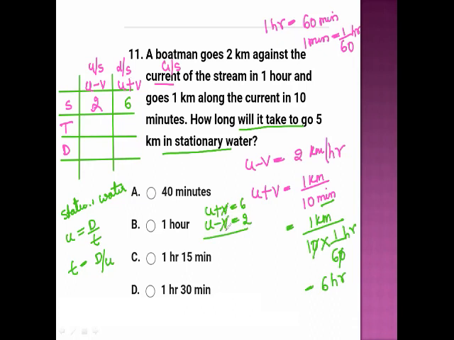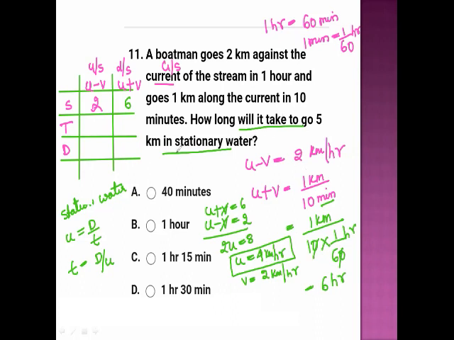When you add, the v terms will get cancelled. So 2u is equal to 8, u is equal to 4 kilometers per hour. If u is 4 kilometers per hour, then v will be 6 minus 4, that is 2 kilometers per hour. So we got u and v.